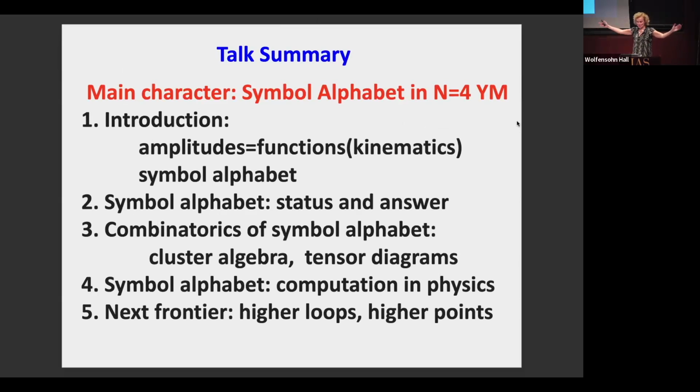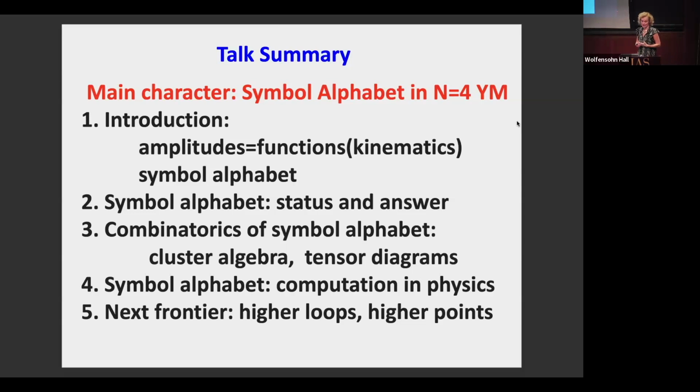What is the symbol alphabet for 6, 7, 8, 9 points for a certain number of loops, as a slide. And then we looked at the structures of the answer, and I demonstrated the relation that this answer could be understood from tensor diagrams, from cluster algebras, etc. And then, so that I'm not just making things up, I had 3 slides showing you that there's been a heroic computation deriving that answer in physics.